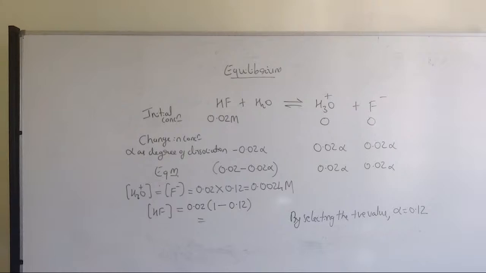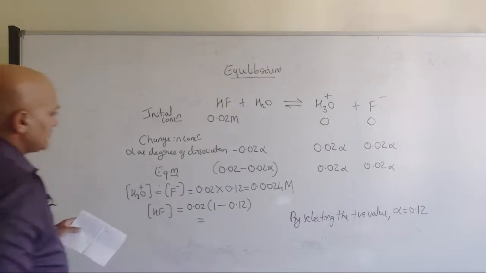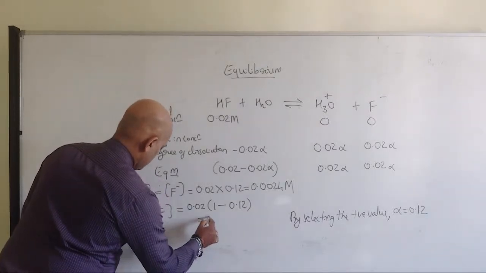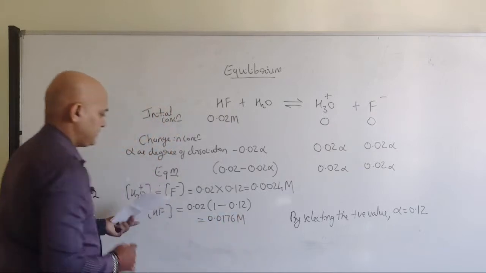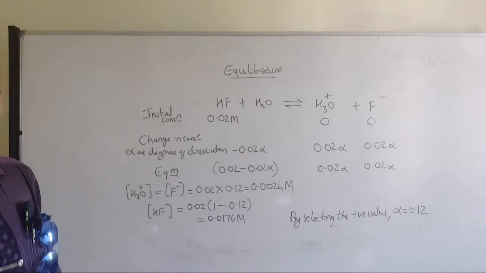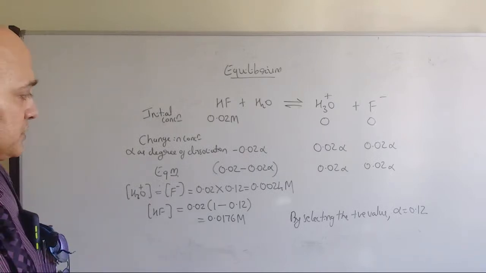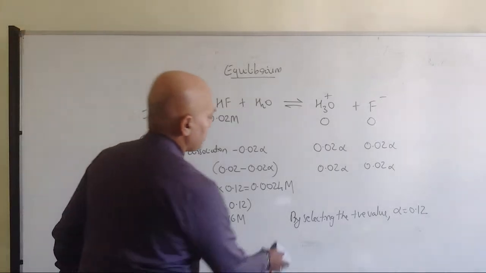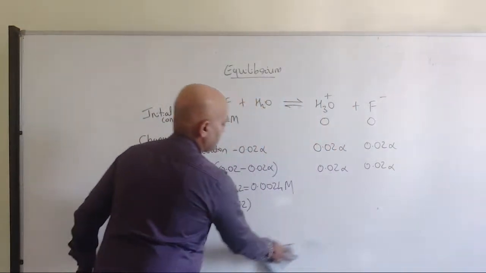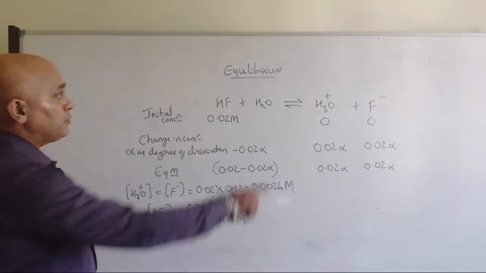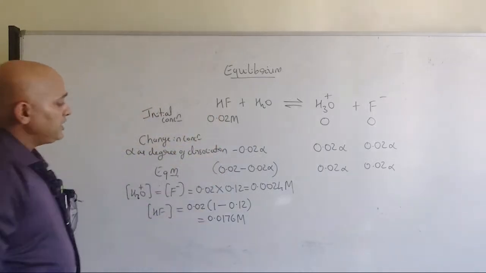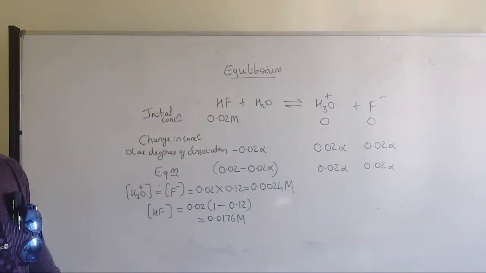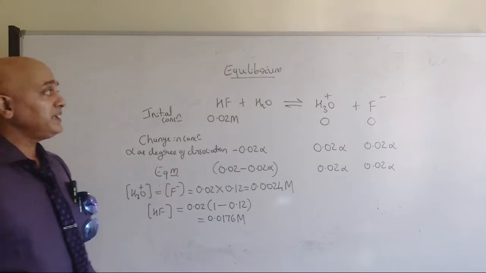What will be the value? It will be 0.0176 molar. That will be the concentration. Any doubts? So products will be 0.0024 molar, reactant will be 0.0176 molar. Fine.